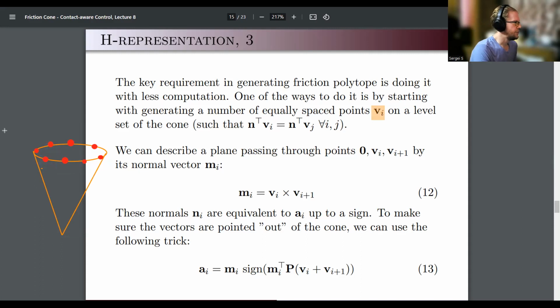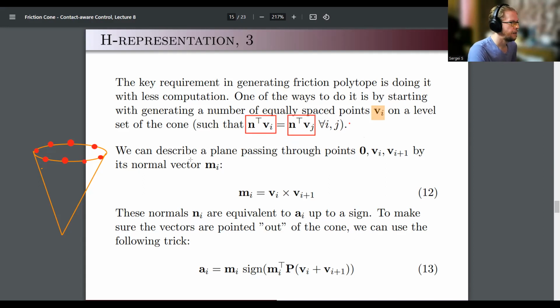What does it mean for them to be on the level set? Mathematically, it means that N transpose V sub i is equal to N transpose V sub j for any points of this level set. So in the normal direction, they are equally distant from the origin, not in the Euclidean sense, but in the sense of projection onto the normal.